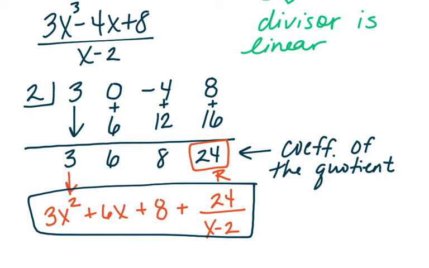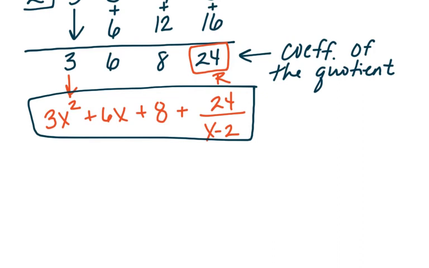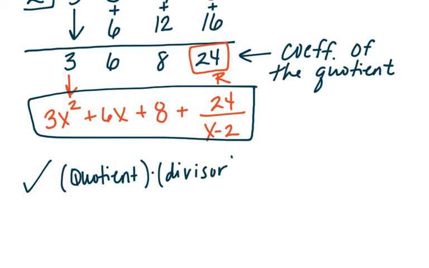One more quick note about how you would check this if you wanted to. You would multiply the quotient by the divisor, and then add back in the remainder.